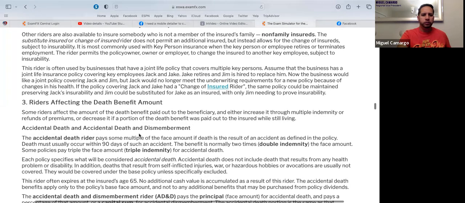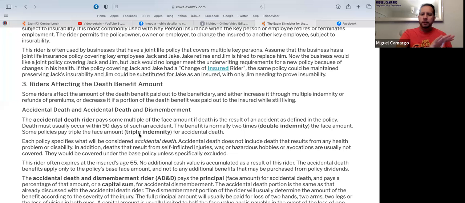Okay, so I want you to move to a new page right now, because I want to keep these things together. There are riders that you can double or triple the amount of benefit based off of how you die. So there is something called accidental death and dismemberment rider.